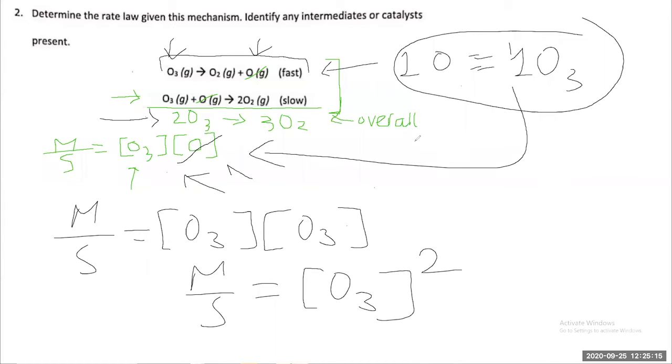We determined that something doesn't belong, and then we used our other equation to substitute the concentration of O for the concentration of O3 in that fast mechanism, and then we plugged it in to the equation for O, okay? And then we just multiply together and we got O3 squared, okay?